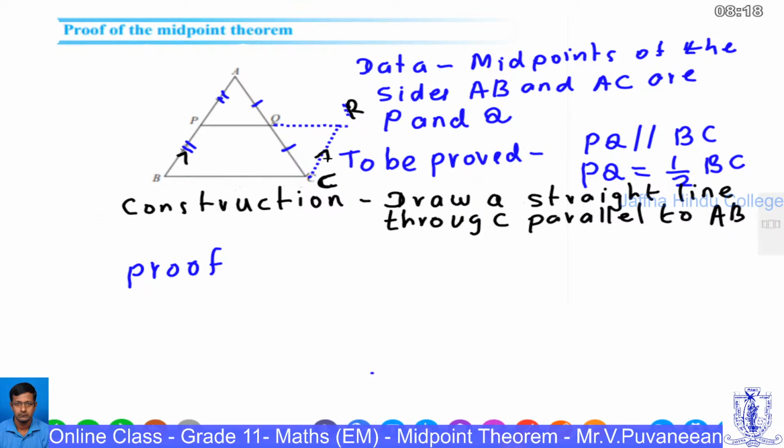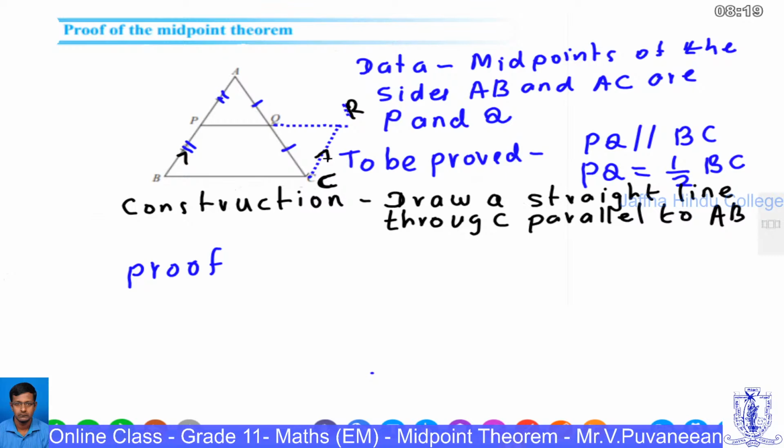So if opposite sides of a quadrilateral are equal and parallel, then this quadrilateral is a parallelogram. So PRCB is a parallelogram, then BC is parallel to PR, opposite sides of a parallelogram. So we can say PQ is parallel to BC. That we have to prove first, then do the next.